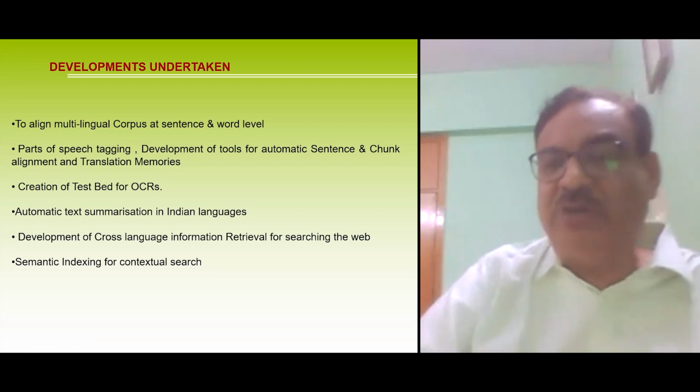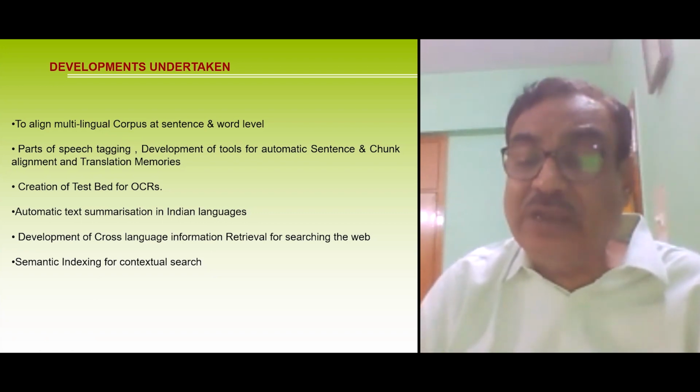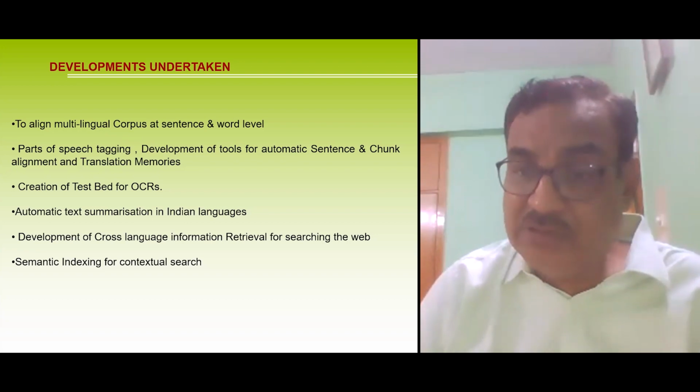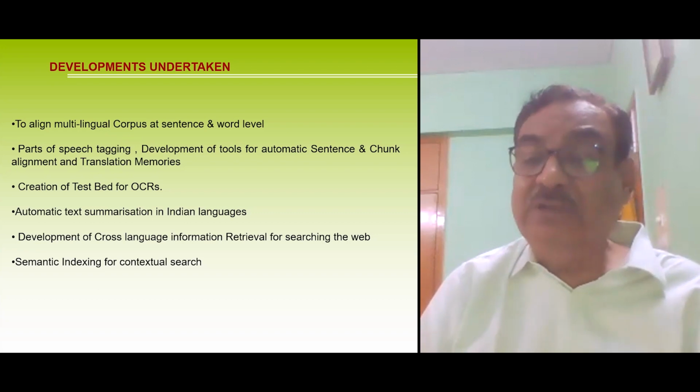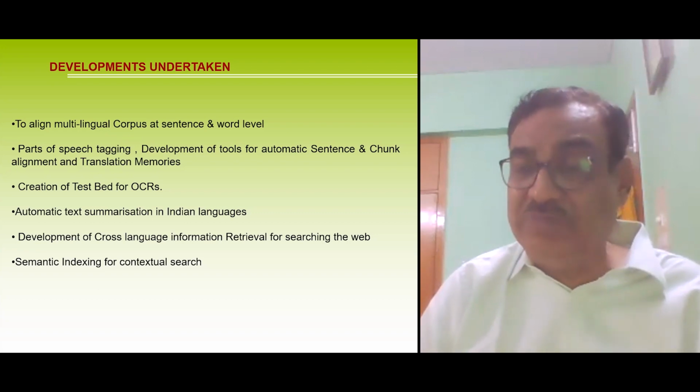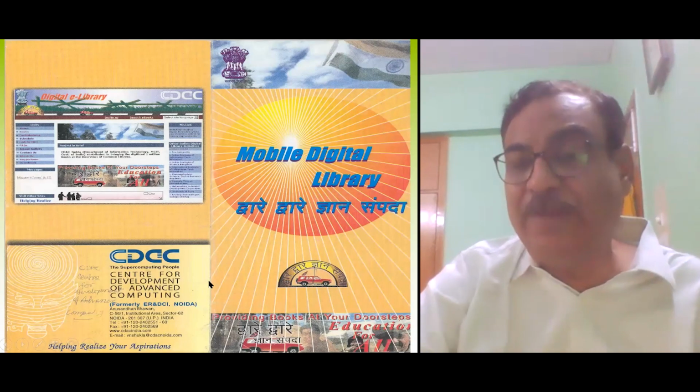Because of this component of research, we were ultimately able to become part and parcel of W3C. We established contact with them, and then a group was established for semantic web for standardization, and it could work for some of the Indian languages as well.